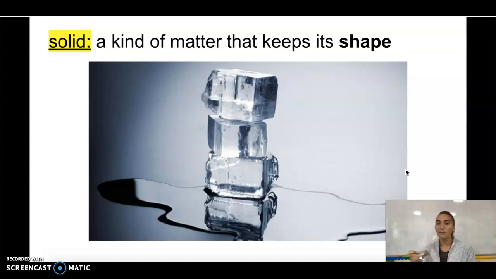For example, if I take this glass and put this pencil inside, did the pencil change its shape? It's still shaped like a pencil. Did the pencil change its size? No, it's still the same length. So, boys and girls, a solid keeps its size and its shape, no matter where it is.